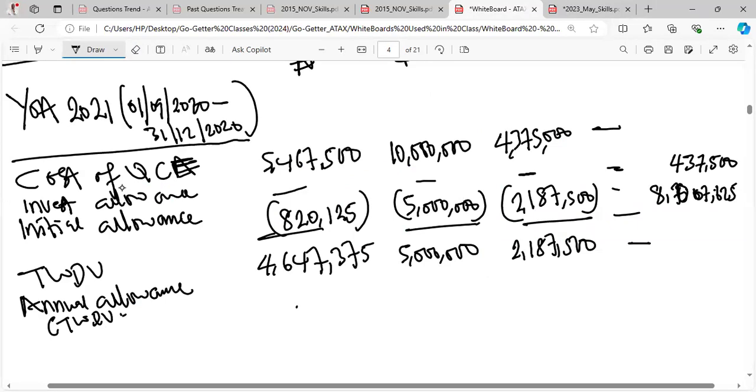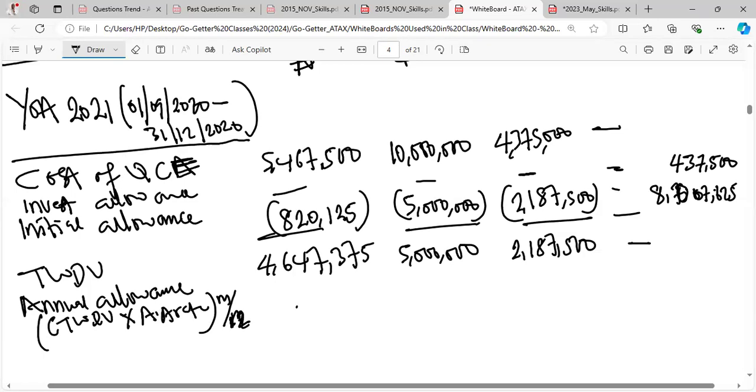I'll say times annual allowance rate, divided by M over N. M is the number of months that it was used. N is the number of months in the basis period. I'll just say M over 12.